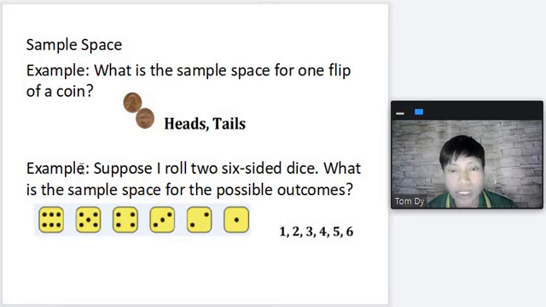Another example: suppose I roll two six-sided dice. What is the sample space for the possible outcomes? So if you observe here, you will observe this as a sample space: 1, 2, 3, 4, 5, 6. So our sample space is 1, 2, 3, 4, 5, 6.